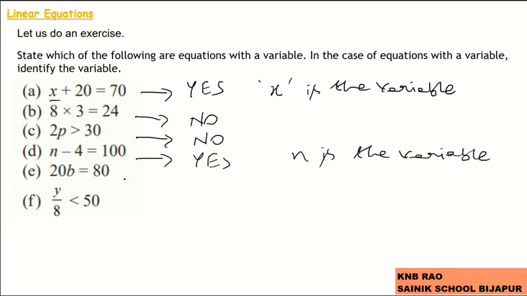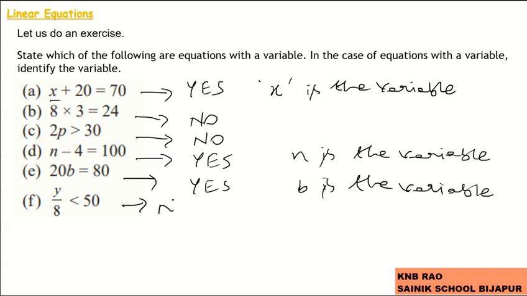Next, this one, yes, again, because the equal sign is there and one variable is also there. So, B is the variable. Next, this one, no, because it is not an equal sign, it is a less than sign.